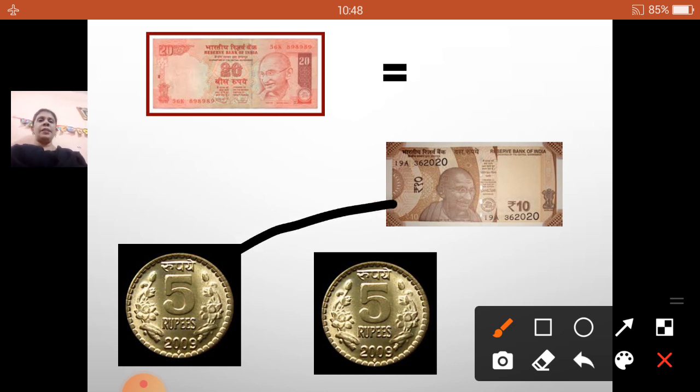Now 10 plus 5, it is how much? 11, 12, 13, 14 and 15. Now to that 15, if we add this 5, then 16, 17, 18, 19 and 20. Correct? So, one 10 rupee note and two 5 rupee coins will make 20 rupees.